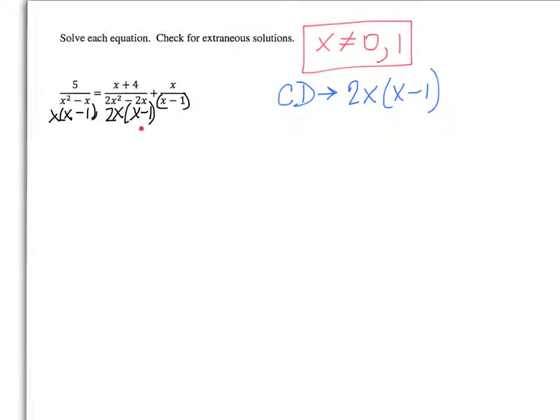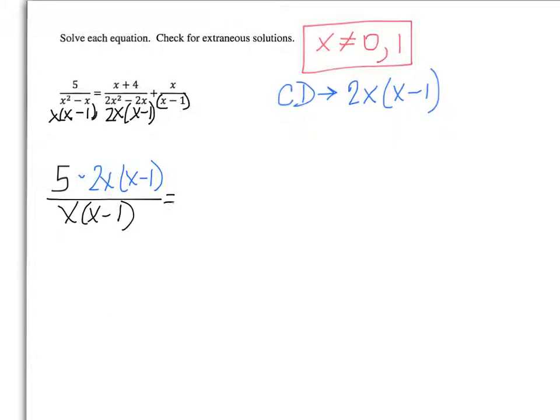The denominators will stay the same for a minute. The 5 that's already here in the numerator is multiplied by the common denominator, 2x, x minus 1, still over x times x minus 1.